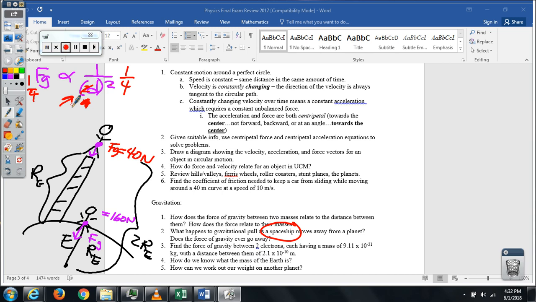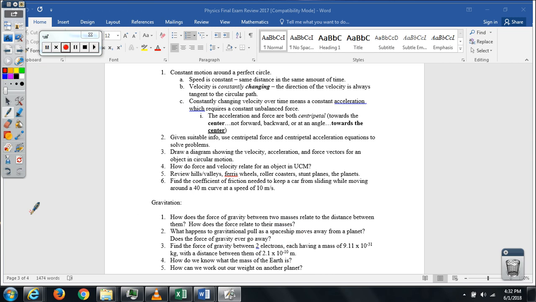If you want to actually calculate values of forces, then you need a full equation, and that is Fg equals G times m1 times m2 divided by the distance between them squared. This would have been a proportionality statement, so you need a constant of proportionality to set them equal.